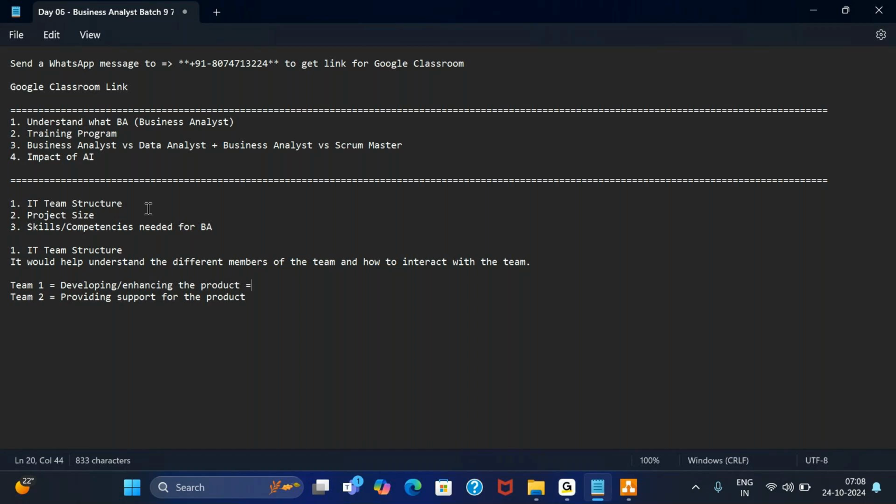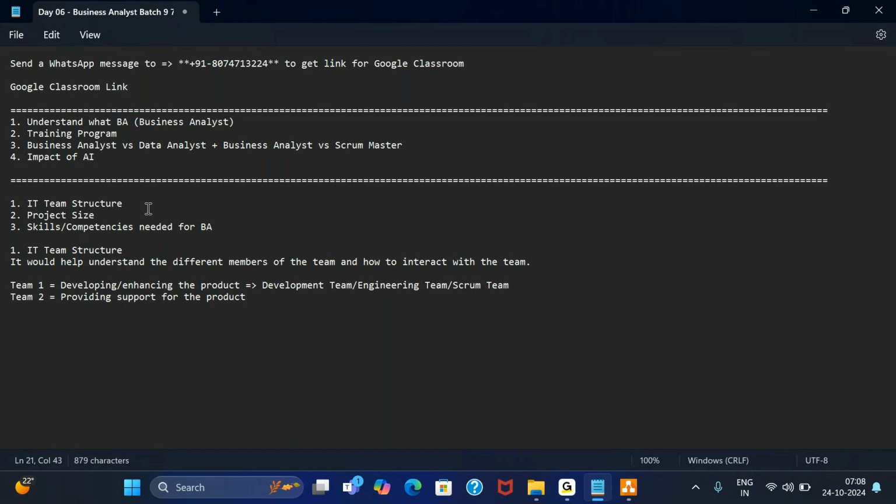One set of team will be working on developing or enhancing the product. Now different organizations can call this team differently. Some may call them the development team, some may call them the engineering team, and sometimes it is also referred to as the scrum team.